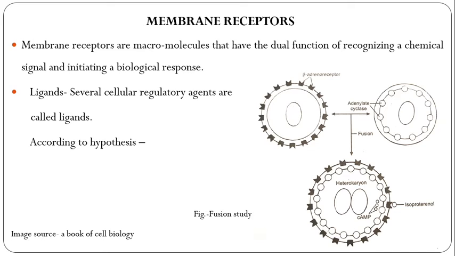There are several cellular regulatory agents, for example peptide hormones and neurotransmitters, called ligands, and they act as chemical signals which are recognized by such a receptor. At the receptor site, there is a specific type of binding that involves a ligand-receptor interaction.